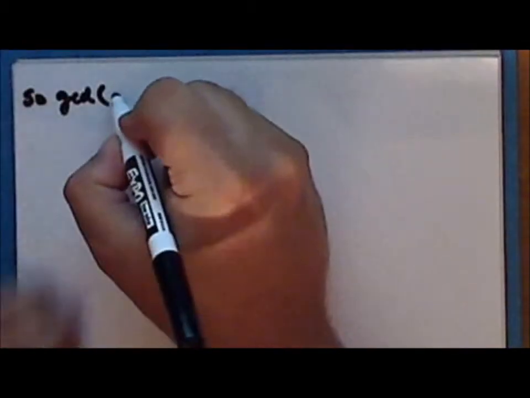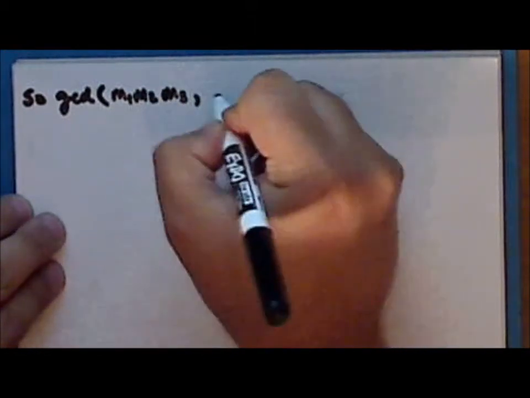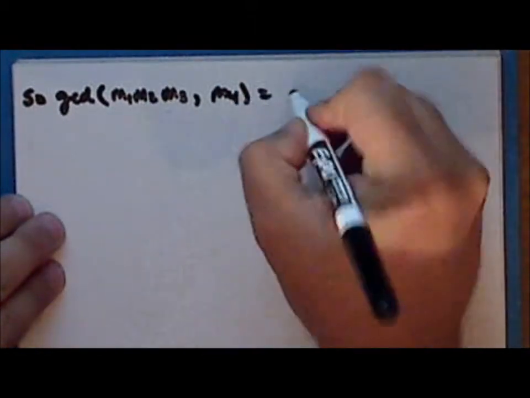And so the greatest common divisor of the product m1 times m2 times m3 and m4 is equal to 1 times 1, which is 1.